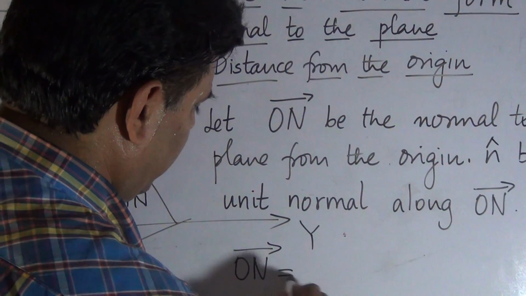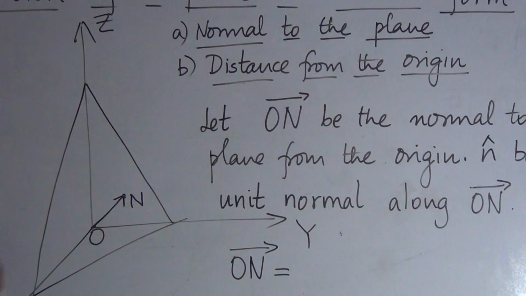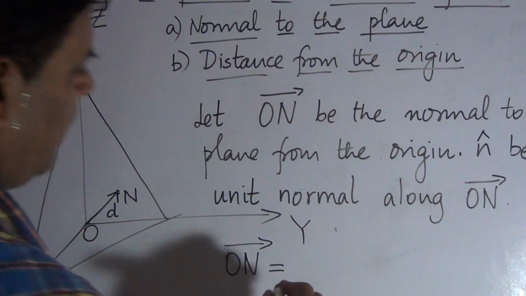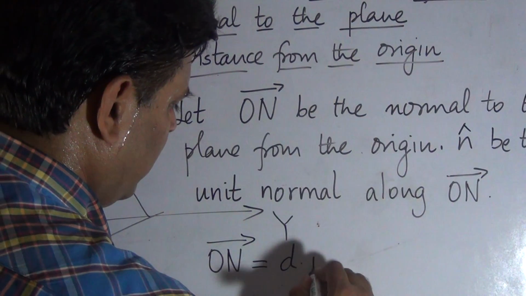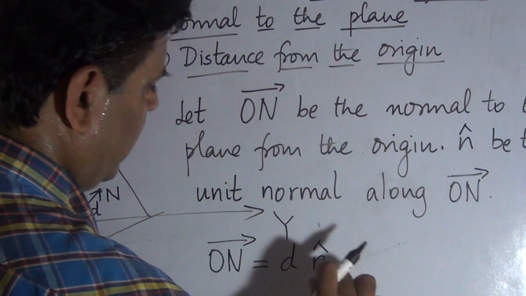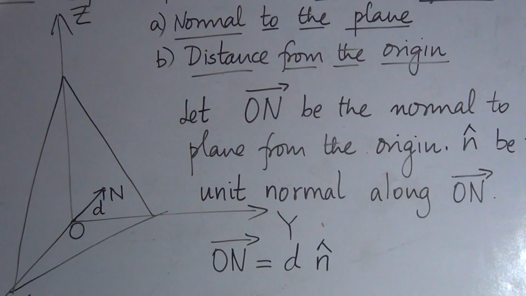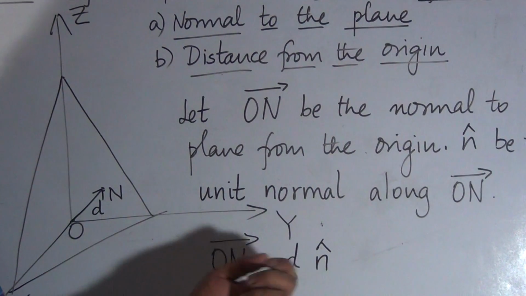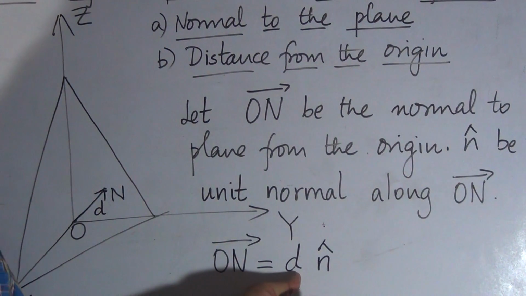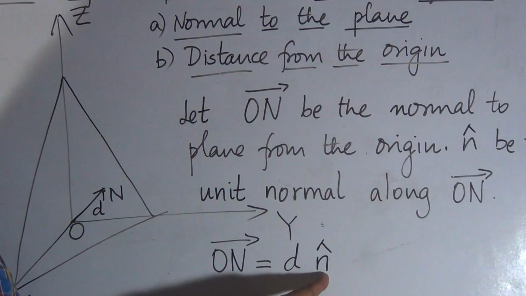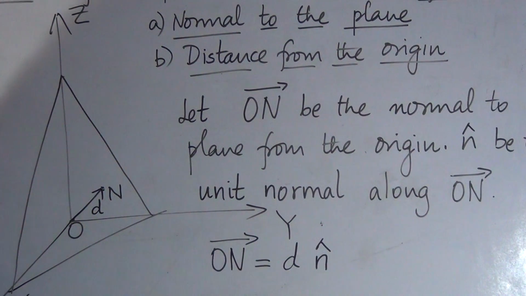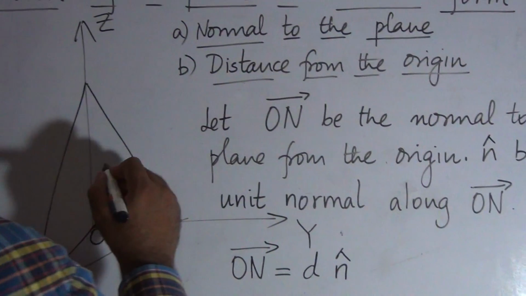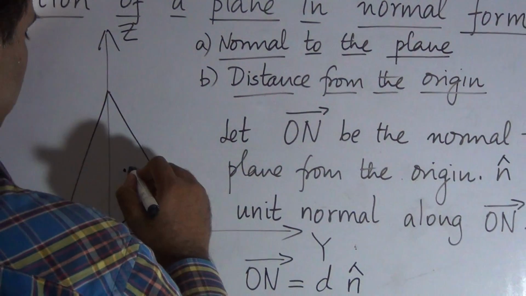ON is nothing but the distance of this thing here is d times the unit normal N cap. So ON vector is of length d along the direction N cap. This is given. Alright.